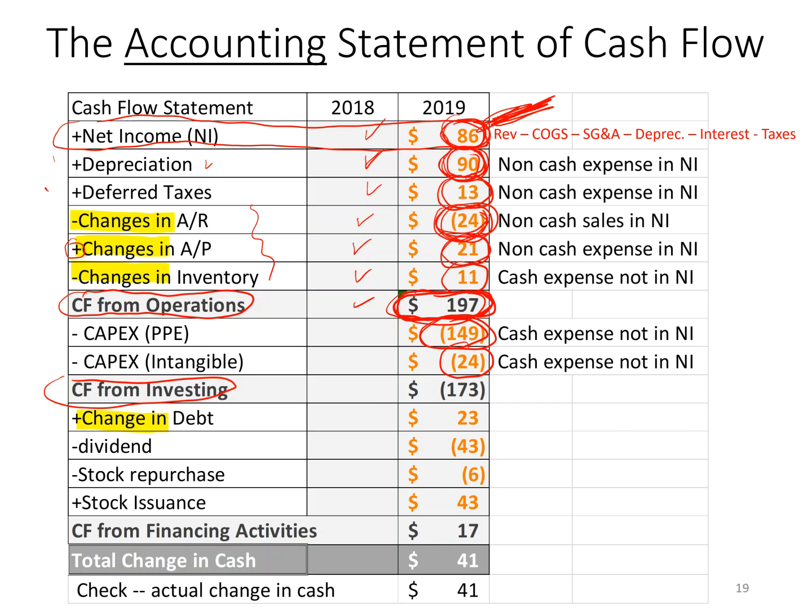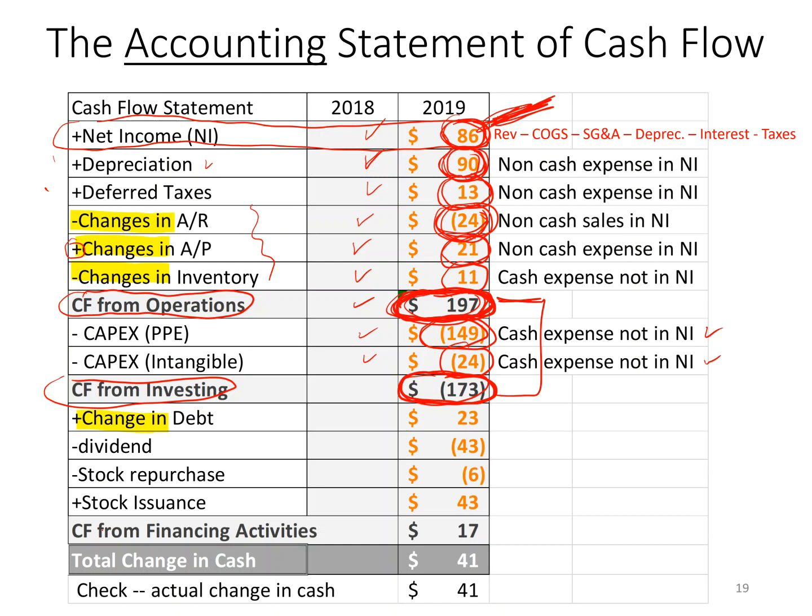So if I take my cash flows from operations, this business from just operations generated $197 in cash. However, it spent $173 to purchase capital expenditures, long-term assets which last longer than a year. That's going to hurt if I'm an owner of this organization. I'm not going to be able to pocket my $197. It looks like I needed to purchase some more delivery vans and things like that. So that cost me $173.